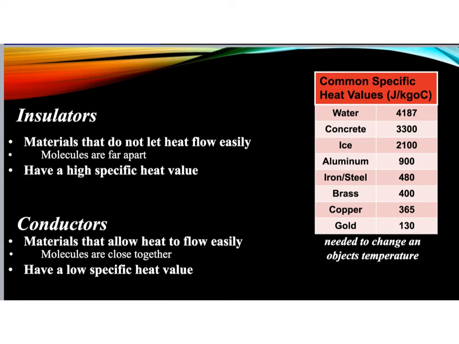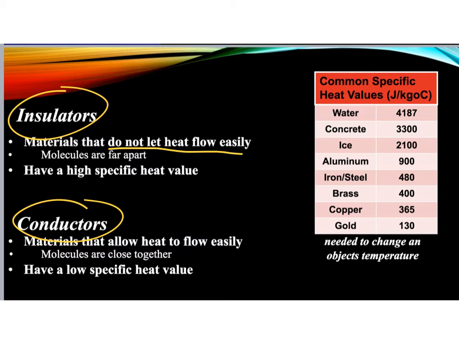All right, so within our transfer, we've got insulators and we've got conductors. An insulator is any kind of material that does not let heat flow easily. The molecules are very far apart in this substance, and it makes it difficult for heat to transfer from point A to point B. Things like styrofoam.